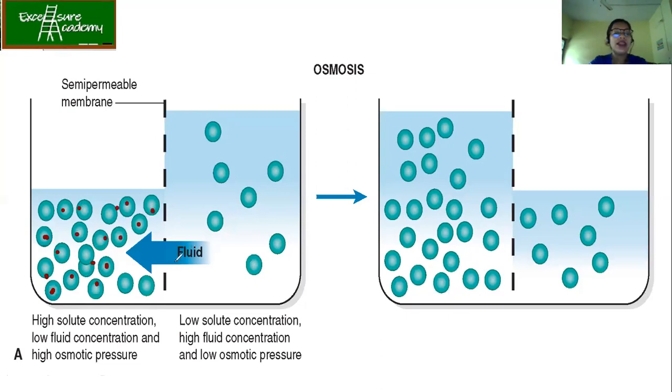High solute concentration and less water here, and in this case the opposite. So what is happening till equilibrium is reached? The amount of water here and here, and the concentration of the solute, becomes equal. That is, they are reaching the equilibrium. The osmosis will continue to happen.